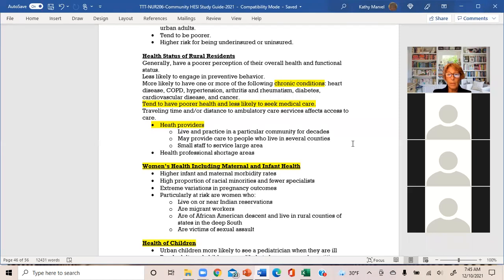And then remember, we have lack of access in rural, some lack of specialty care. Oh, did you say rural? I'm sorry. I was thinking of the population of people who are not native to here.